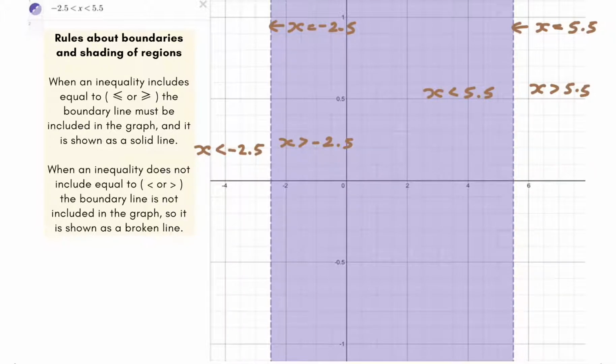Now if you take the middle part, which is the shaded region, we can finally say negative 2.5 is less than x is less than 5.5.